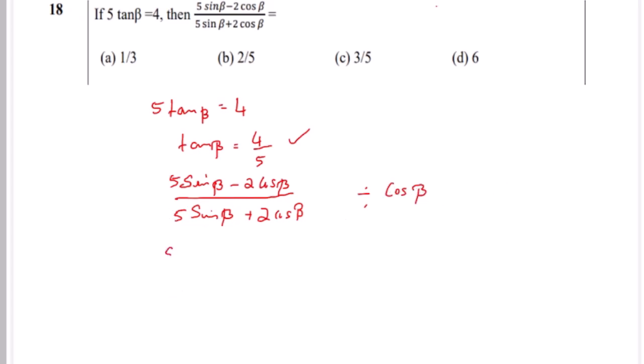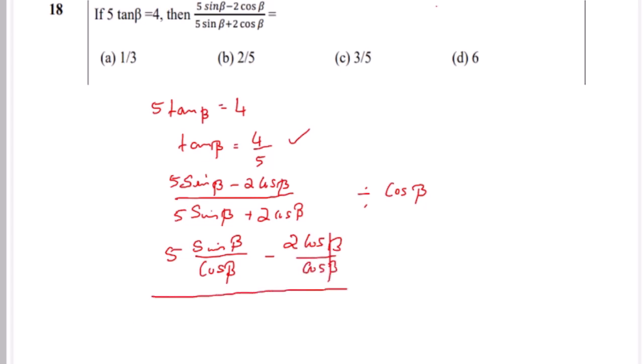That is 5 sin beta divided by cos beta minus 2 cos beta divided by cos beta, upon here 5 sin beta divided by cos beta plus 2 cos beta divided by cos beta, right?